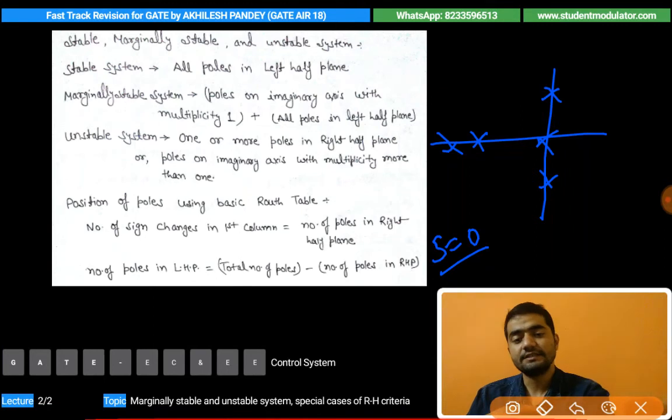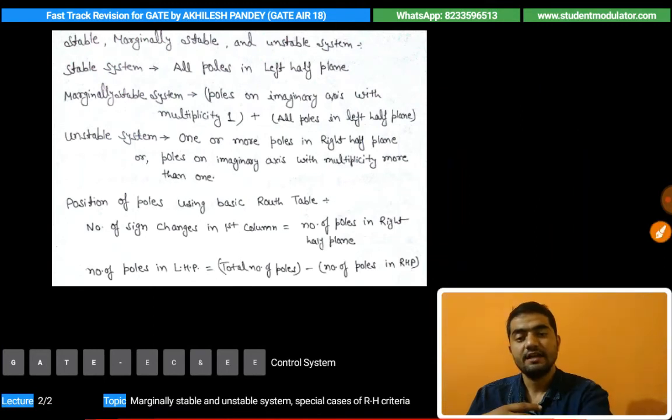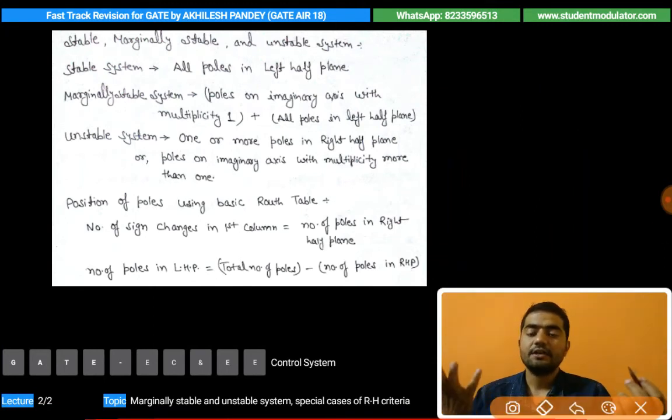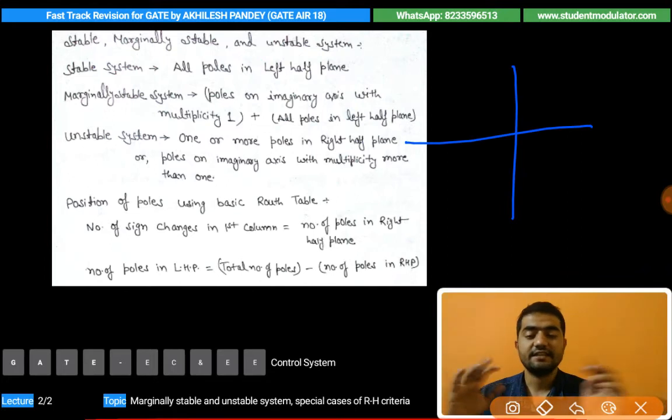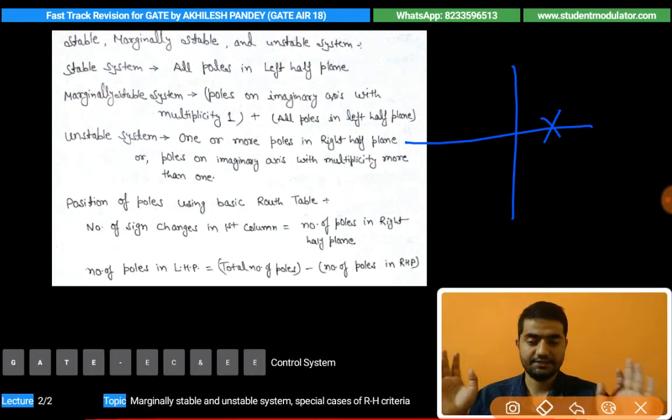Now come to the last system, that is the unstable system. It can have two conditions. Either any one pole is in the right half plane, it doesn't matter where the other poles lie, but if any pole lies in the right half S plane, then that system will be unstable.